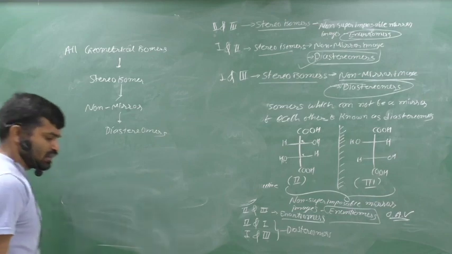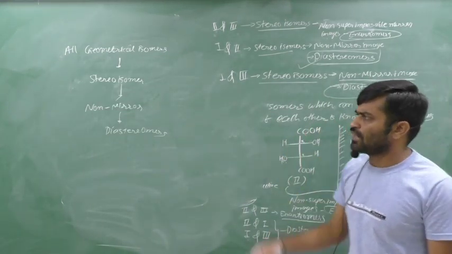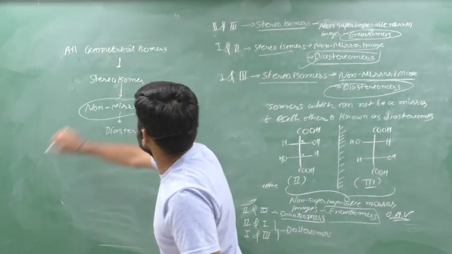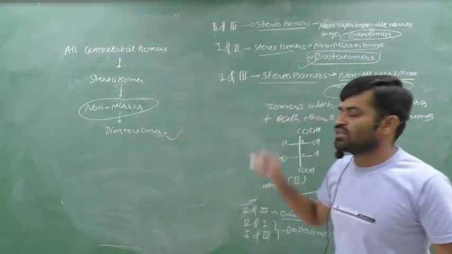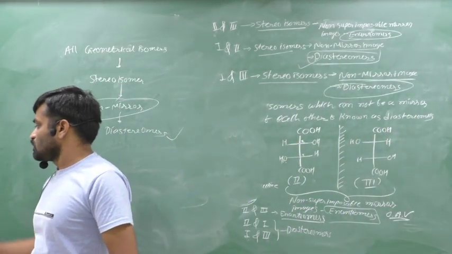Very easy. How can we find diastereomers? If we have any geometrical isomers, which are stereoisomers, it is confirmed. From these, non-mirror images are the diastereomers. So we can complete here.